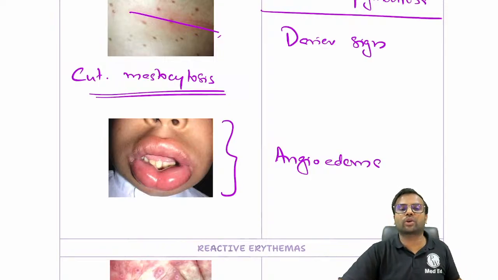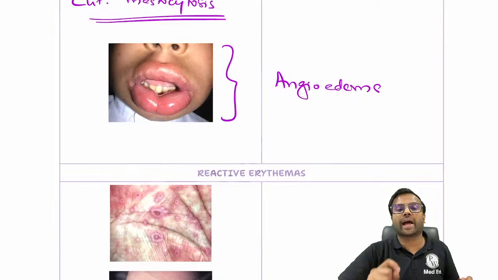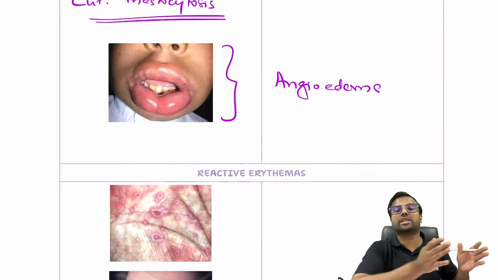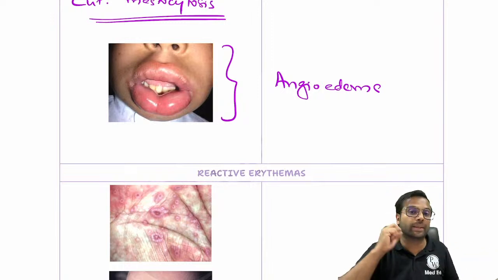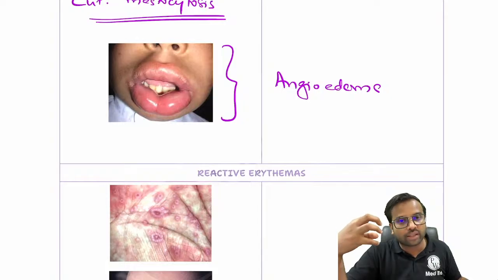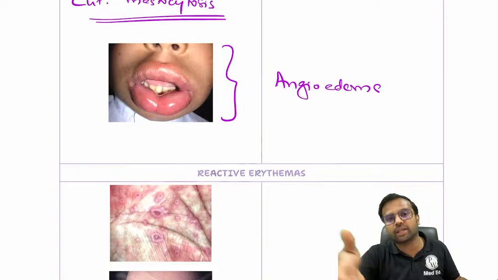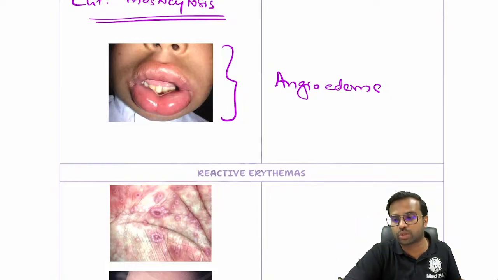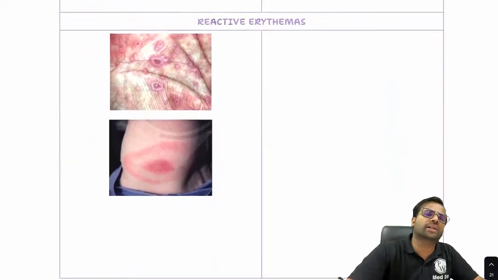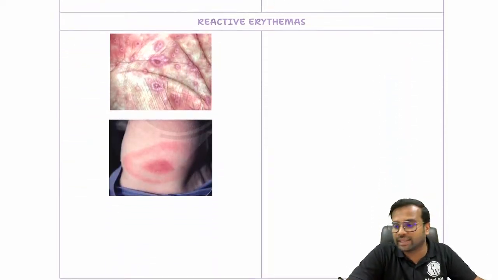So the spot diagnosis here should be angioedema, because many times a patient can have urticaria. Along with urticaria, the patient may also develop swelling of the lips, swelling of the eyelids and all. So whenever there is an edema that goes beyond the dermis, that is up to the subcutaneous tissue, we call it angioedema.